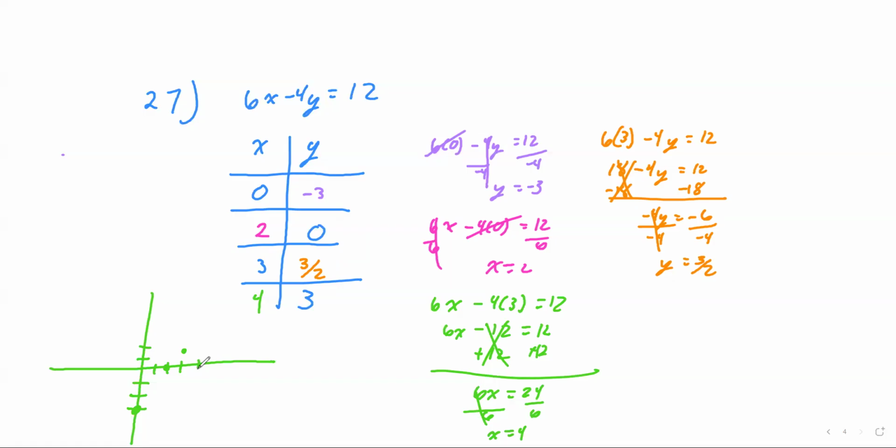And then I have 4 and then 3, which would be about right here. And it simply says plot the points, sketch your guess of the graph. So here's my guess of what the graph's doing. I'm going to assume it's probably doing something along these lines. On yours, you would just connect the dots and it would make a sketch for you.